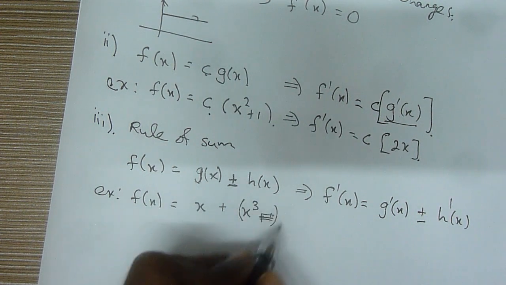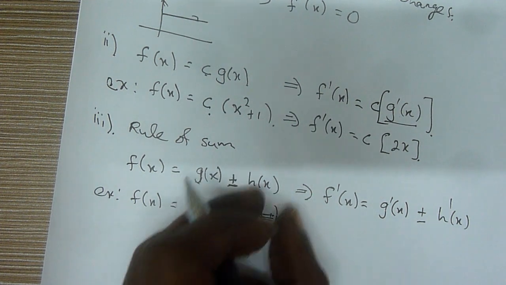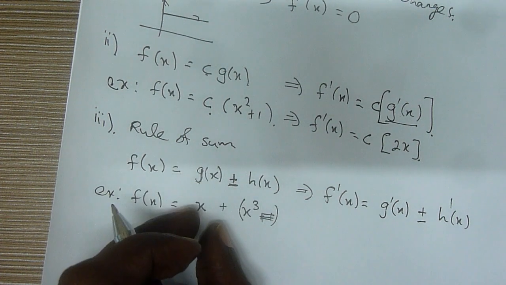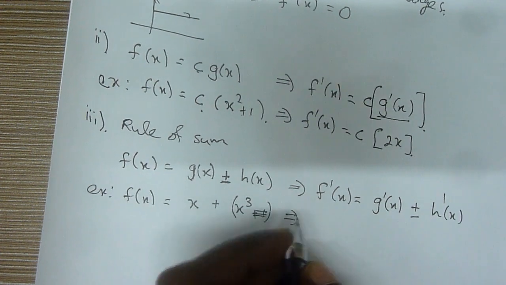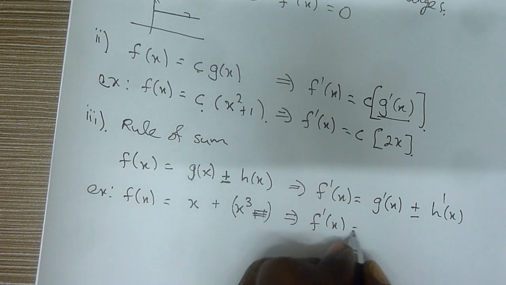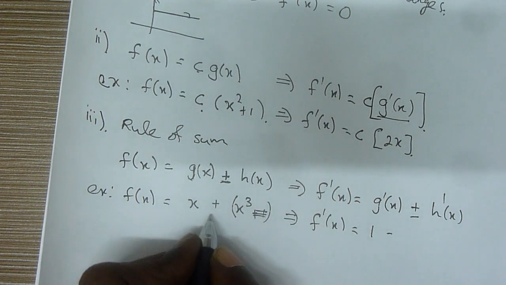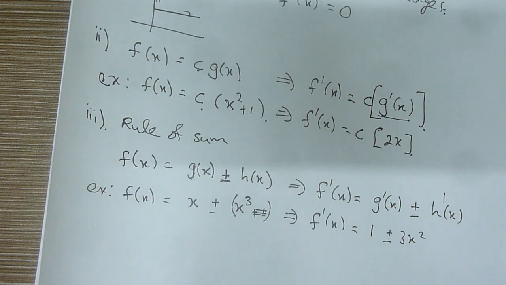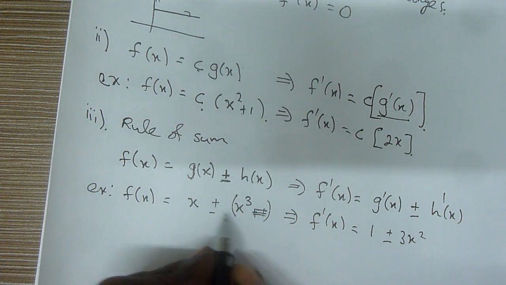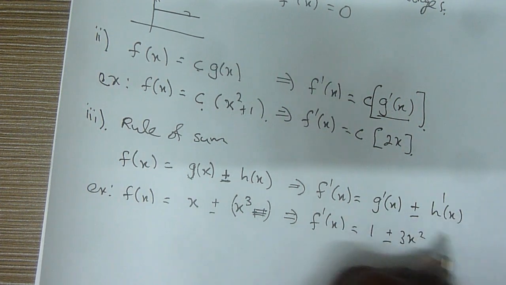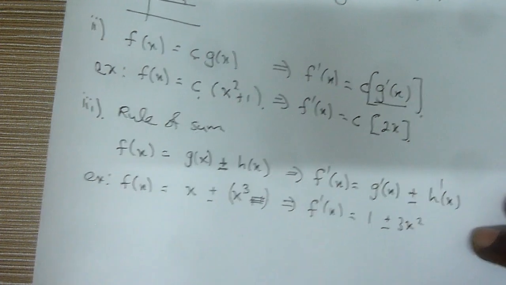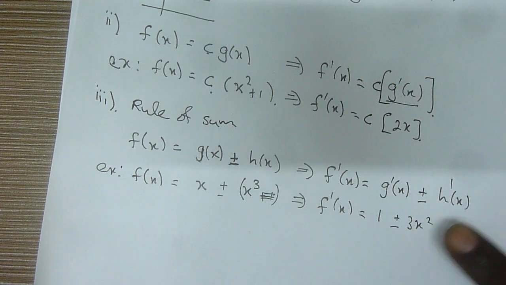It can be plus 1, no problem, because I wanted to show the single variable at least for you to see, oh, this is a function, this is how it works. When I differentiate this, I will get 1, and it can be plus or minus, doesn't matter, and this will be 3x^2. You can see that differentiating separately is possible. This is simple, but it's a very useful rule. Later you will see the usage of this rule of sum.